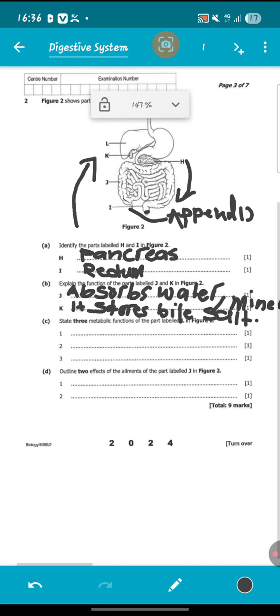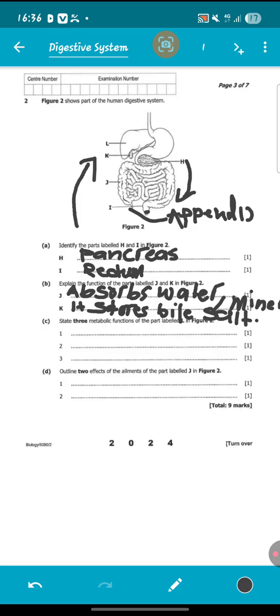Well, very easy. We know the liver plays very crucial roles in the digestive system. The first one is it is involved in the deamination of excess amino acids into urea.